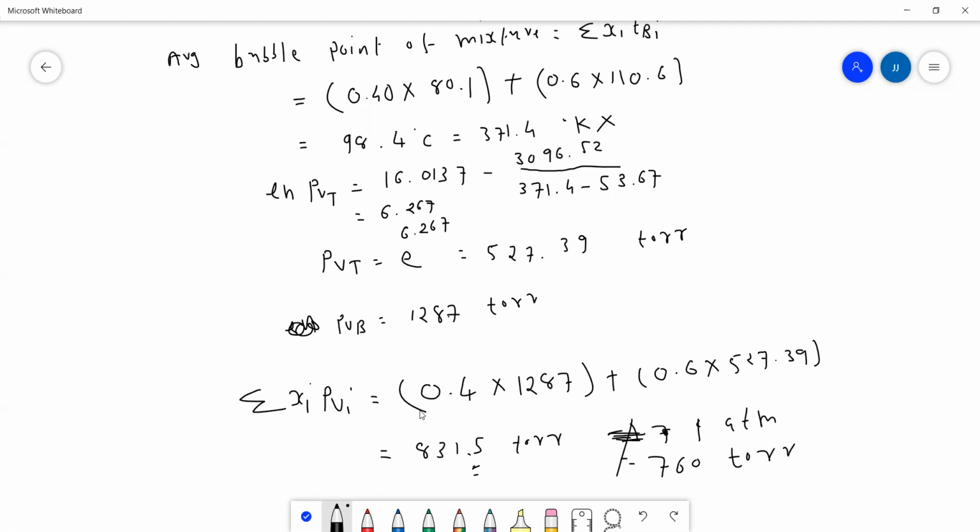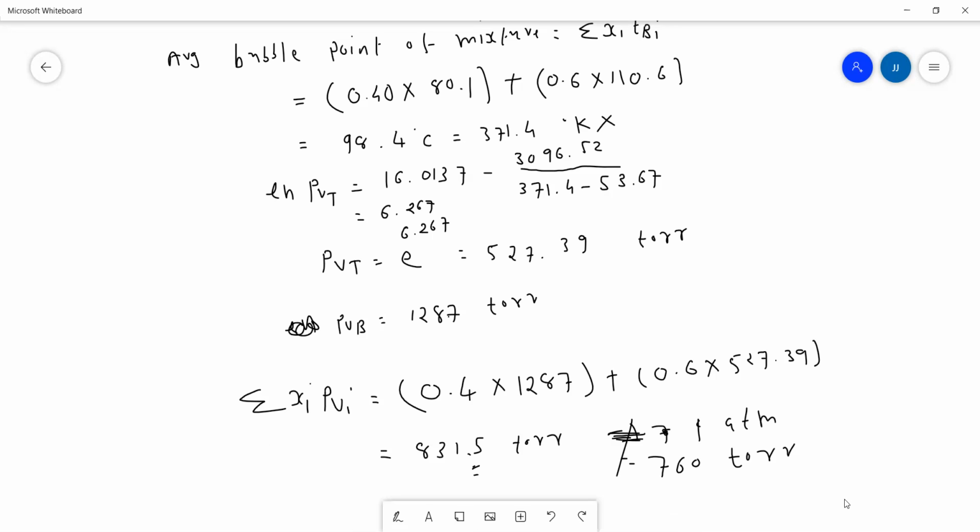This is just trial and error. We have to check at which temperature the summation of xi pvi becomes 760 torr.